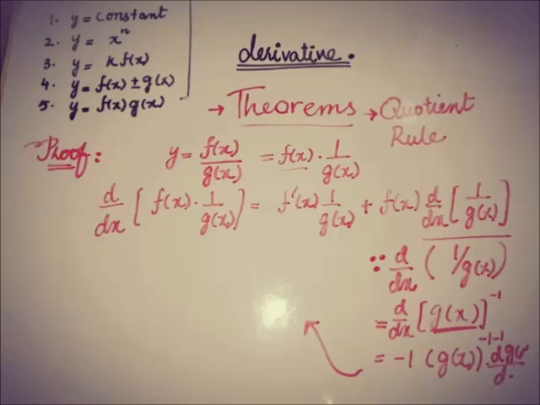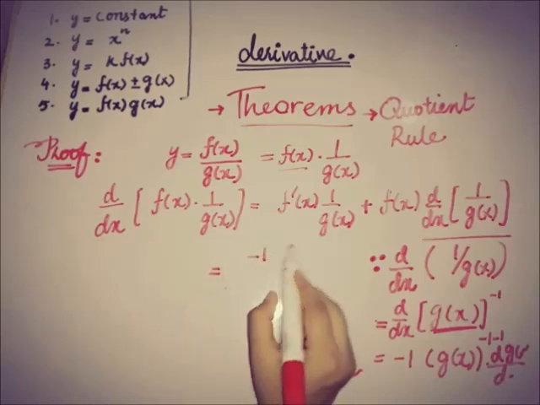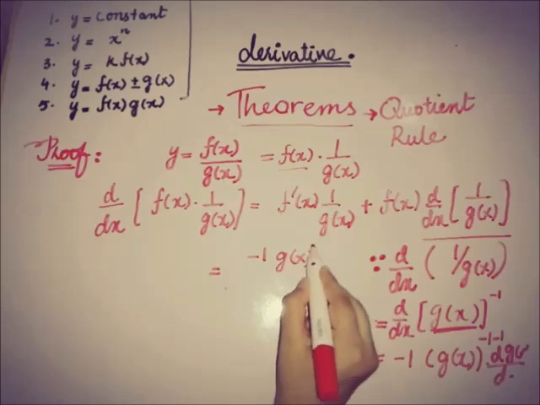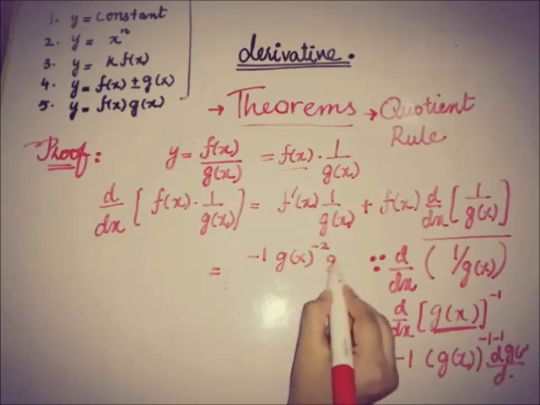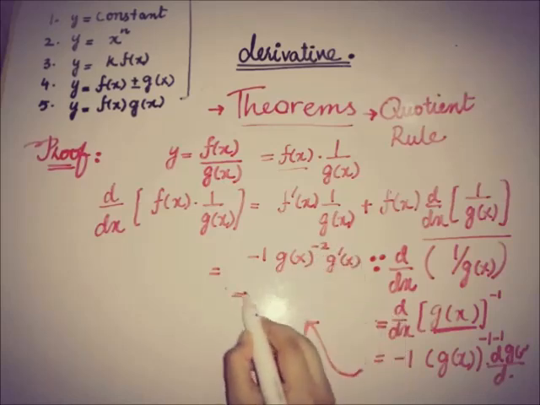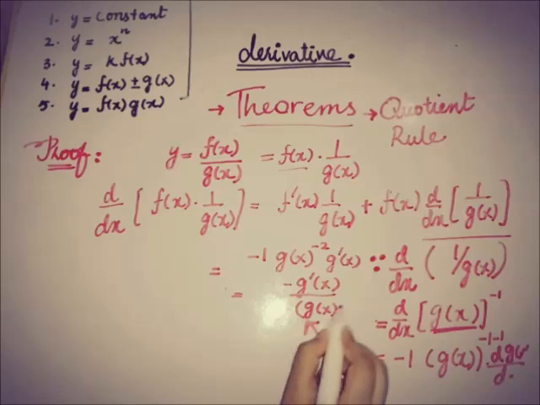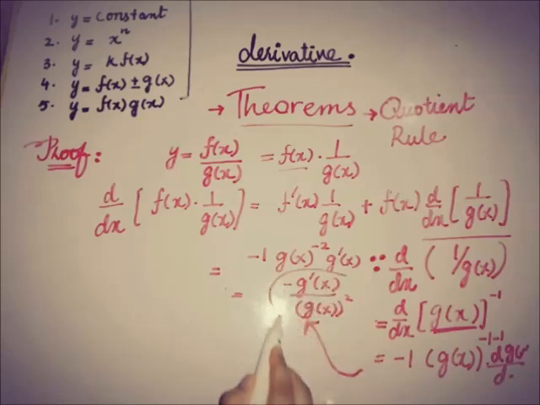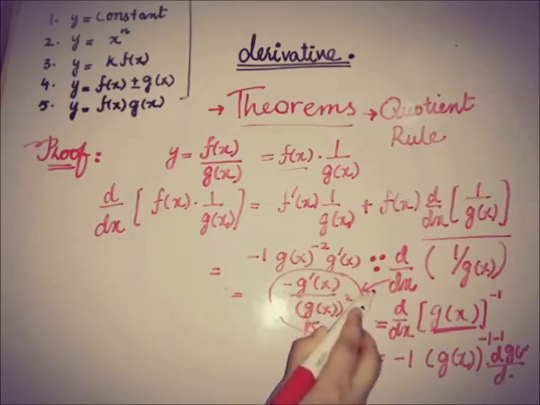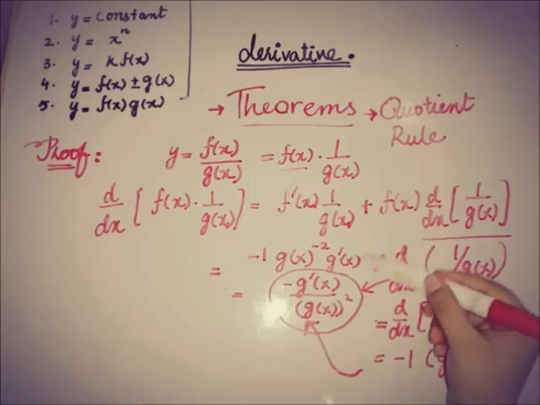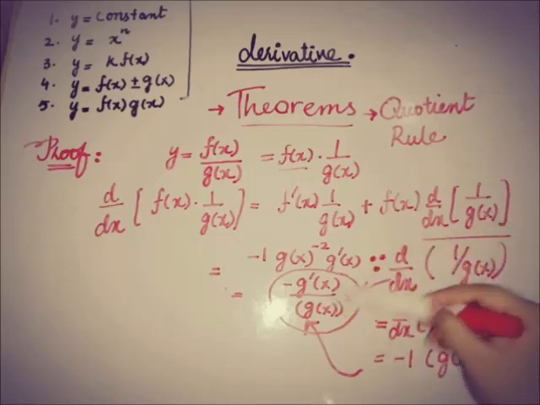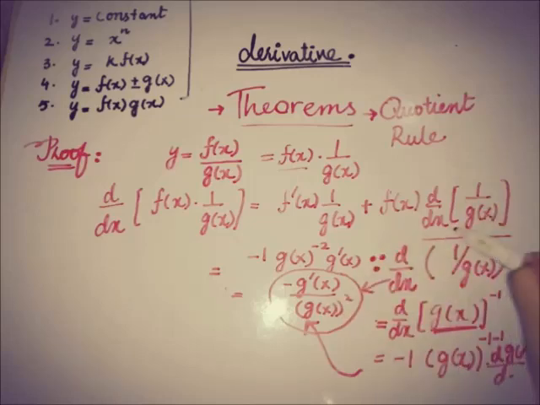So it will be minus 1 g of x to the power minus 2 g dash of x, also written as minus g dash of x over g of x squared. So this is the final term of this derivative. We can just put this value at this position, and let's see what we get.